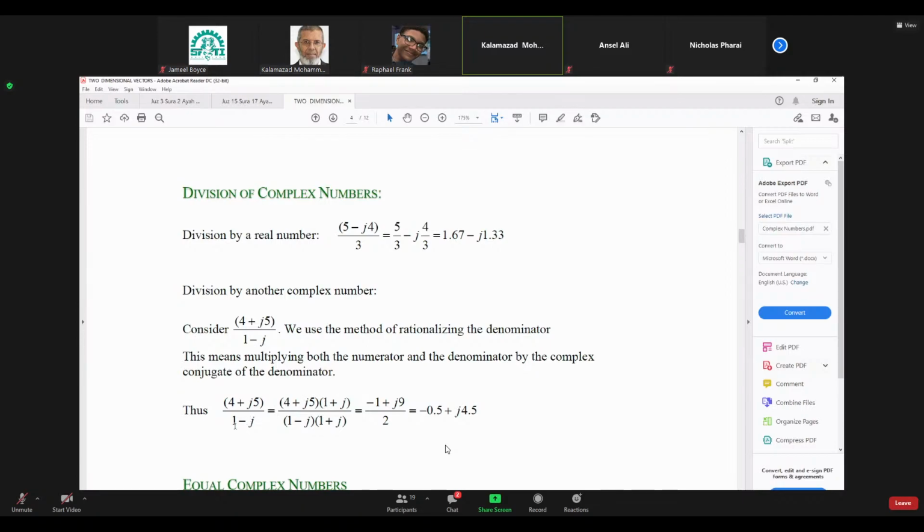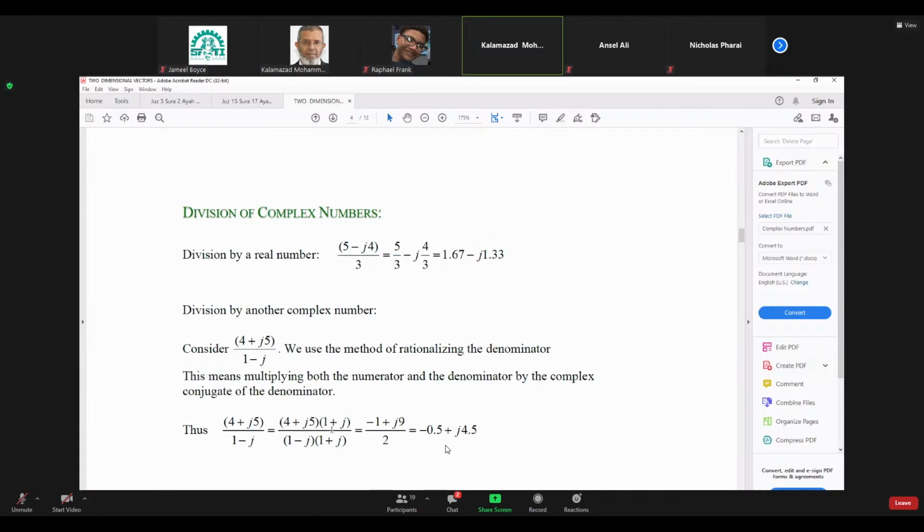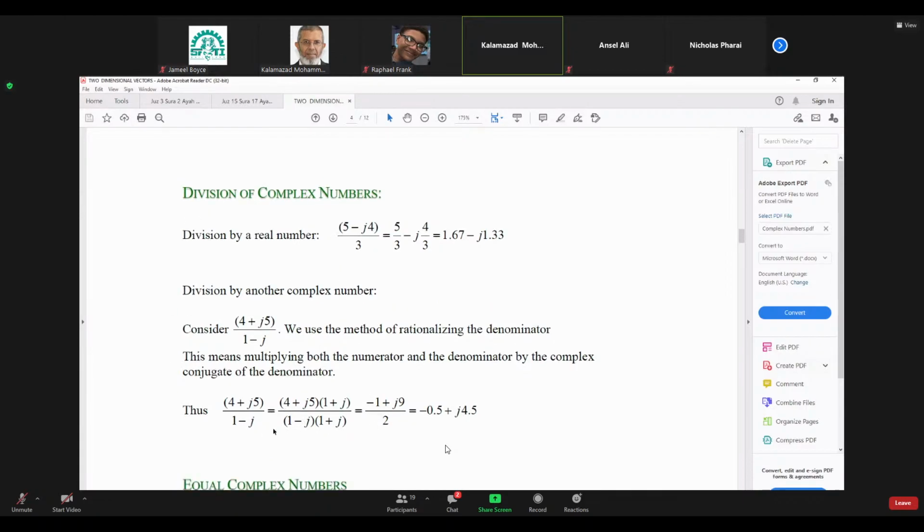The denominator is 1 minus j, so the conjugate would be 1 plus j. All right, and the underneath, remember, once you're multiplying by the conjugate, is always going to be a real number. And as you saw from before, it's just simply 1 squared plus 1 squared, which is 2. All right, x squared plus y squared. And y plus because you're going to square it anyhow.